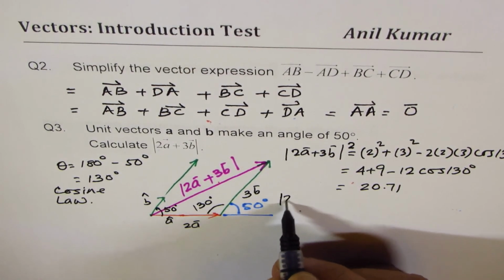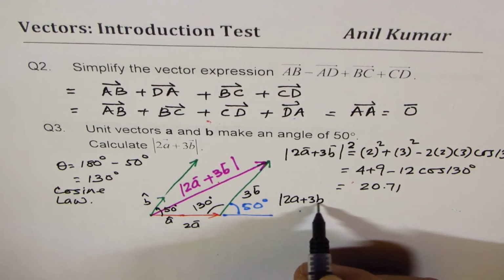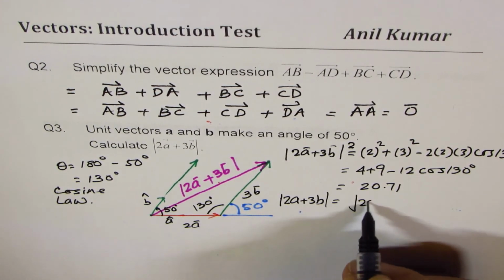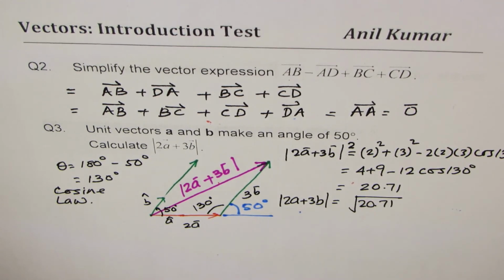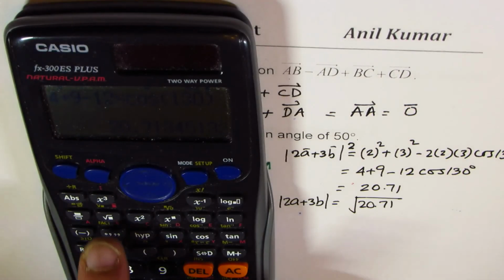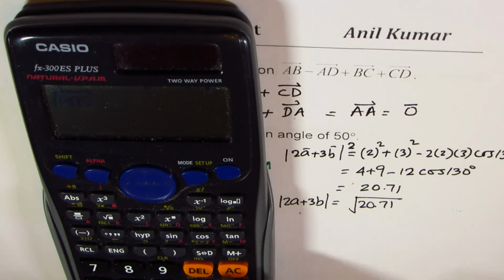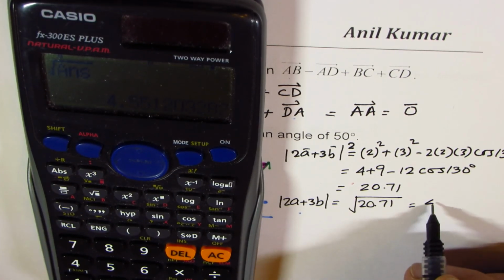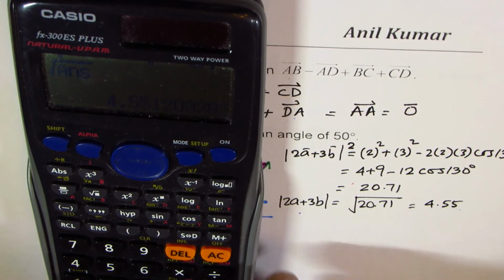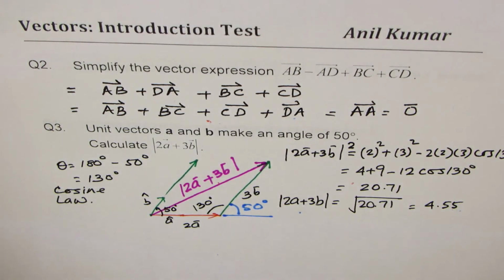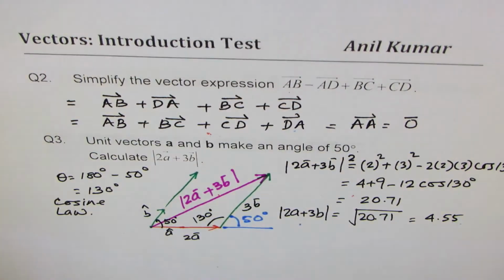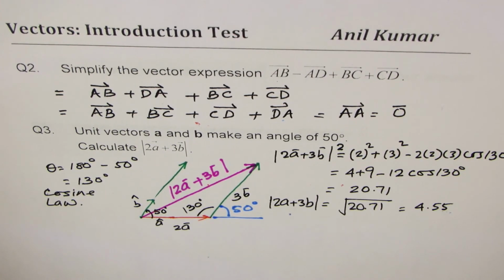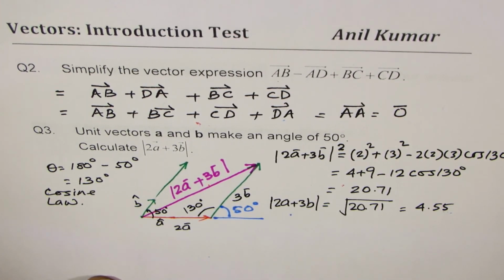So the magnitude of 2a plus 3b equals the square root of 20.71. So the answer is 4.55. That becomes the magnitude of this particular sum. Have a good look at this solution and then let us move forward to question number 4.